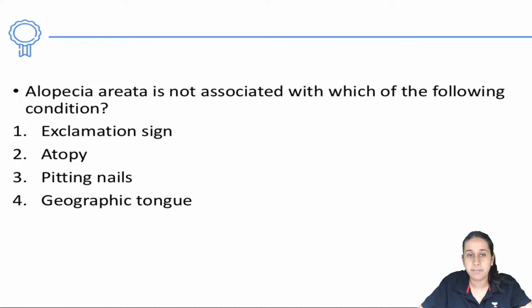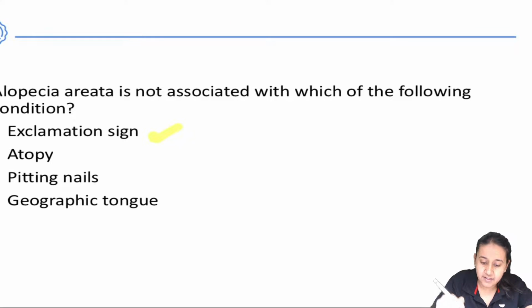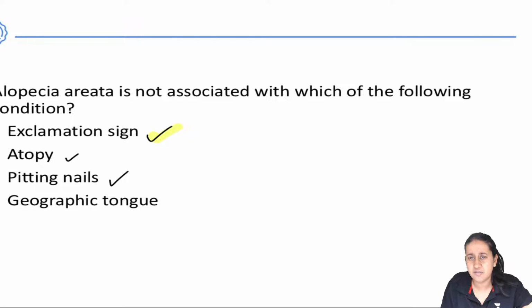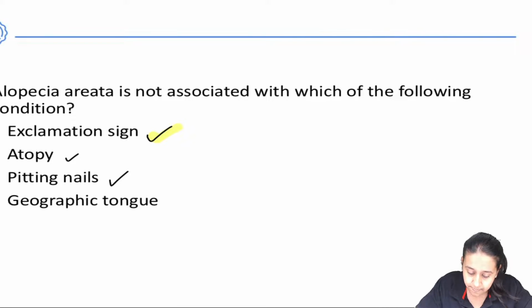Exclamation sign, atopy, pitting of the nail, or geographic tongue. Very nice. The correct answer of this question is not the exclamation sign; that is true, it is associated with it. It is associated with pitting of the nail, and you can also see some lesions where there is an association with atopy, but geographic tongue is not that frequently associated with alopecia areata compared to psoriasis. So the correct answer of this question becomes option number 4. Clear?